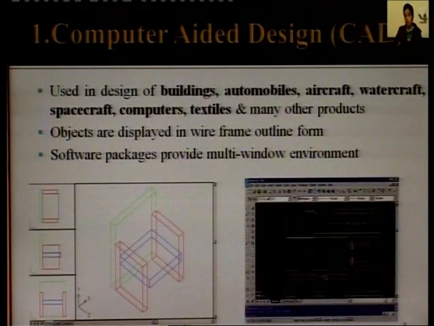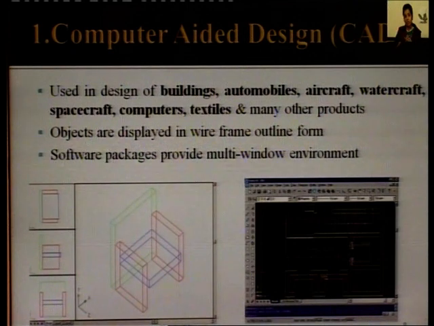Now how are we using computer graphics in CAD? If you want to design a building, structure, automobile or aircraft, you design their models. CAD is a basic software through which we can design computer graphics. Objects are displayed in wireframe outline form. So CAD is software in which we design the wireframe outline model of any structure, aircraft or automobile.